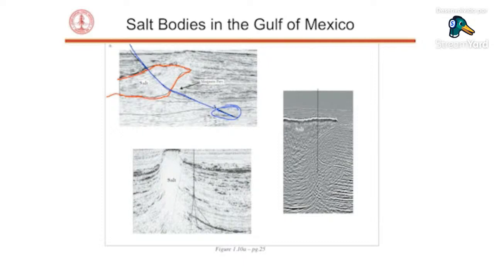And so it is important to keep in mind that that salt body is reorienting the stress field such that the principal stresses are going to be parallel to that salt body, right? And not horizontal and vertical as they might be over here, where we're not influenced by the salt body.